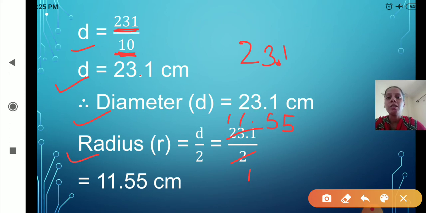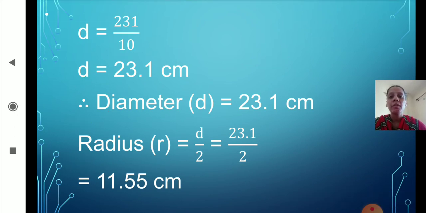So what is the answer now? 11.55 centimeter. You will do this division in your notebook. Okay. So 23.1 divided by 2 is 11.55 centimeter. Okay. So this is the answer. We have calculated diameter. We have calculated radius. So this is fourth sum from question number 1.